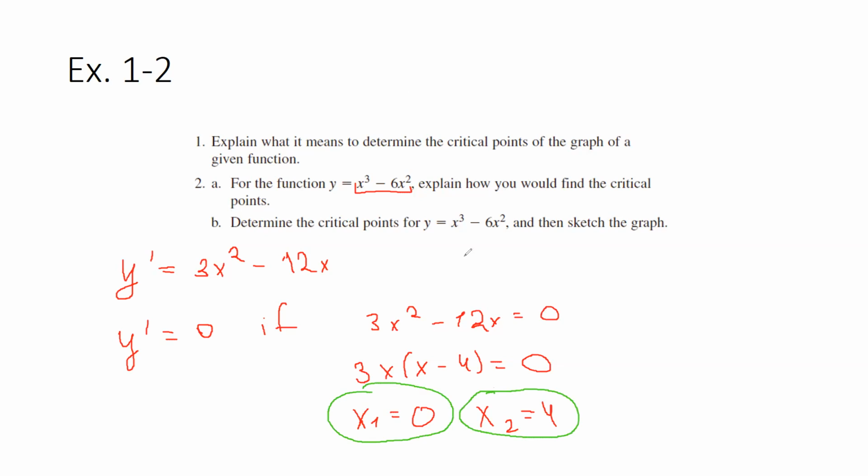Perfect. So at these points, what is going to happen to the graph?